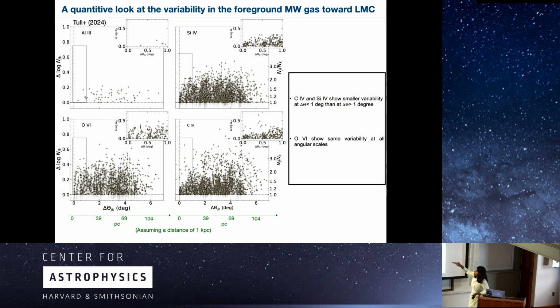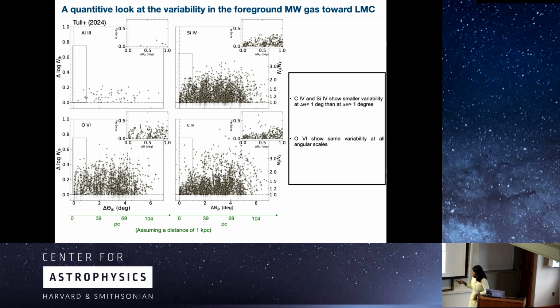In the inset, I'm showing the sub-degree scale data. At sub-degree scale for carbon-4 and silicon-4, we see that the range of variability is smaller compared to the rest of the separations. So as the separation increases, the range in variability starts to increase. For O6 though, variability is the same at all separations.